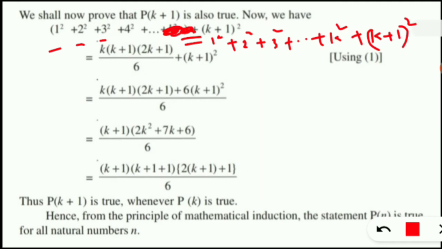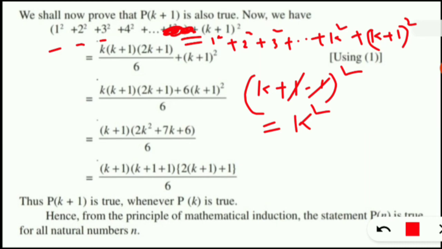So that's why the last term is k plus 1 whole square in Pk plus 1. And the previous term of k plus 1 whole square is k plus 1 minus 1 whole square. So plus 1 minus 1 cancel, that means k square. That's why in the second line we retain 1 square plus 2 square plus 3 square plus dot dot dot plus k square plus k plus 1 whole square.